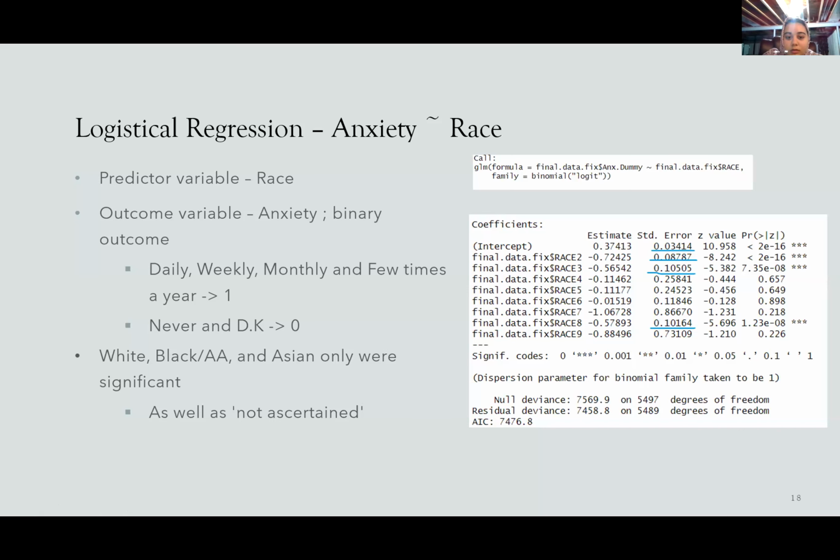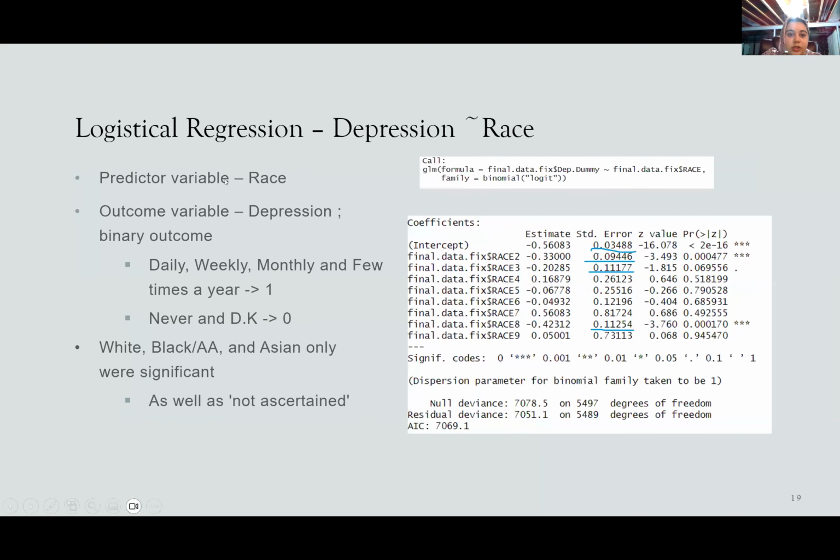And then we took the logistic regression for depression by race. Here our predictor variable was race and our outcome was depression, also as a binary outcome, the same thing we did for anxiety. And the results were pretty similar.